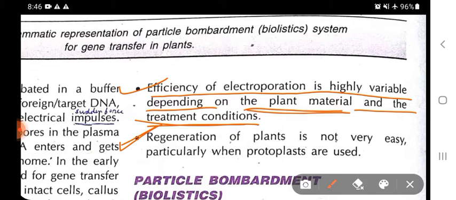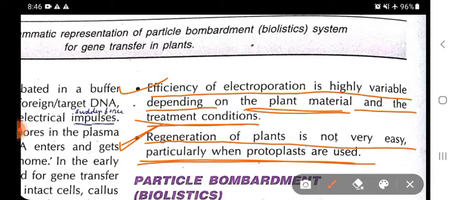And regeneration of plants is not a very easy job, particularly when protoplast is used. This has also been mentioned when we were doing protoplast culture, that after protoplast fusion, we allow the formation of a hybrid plant cell by fusion of the protoplasts through electroporation. Here we are introducing the gene, a single gene or more than one gene, into the plant protoplast cell.